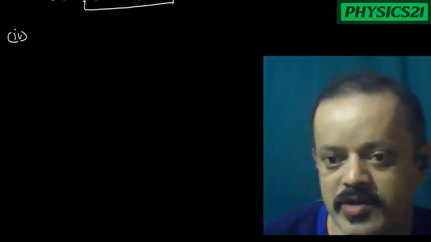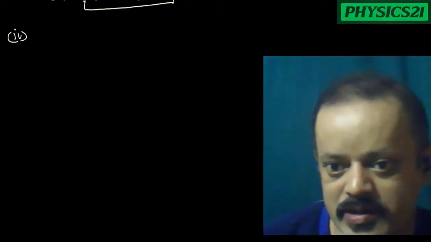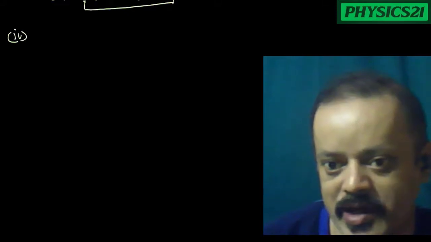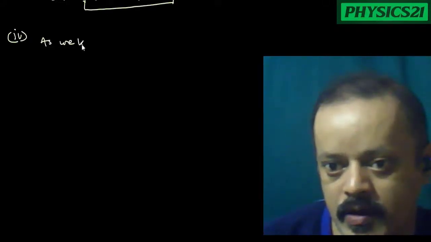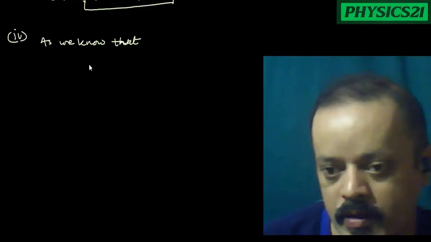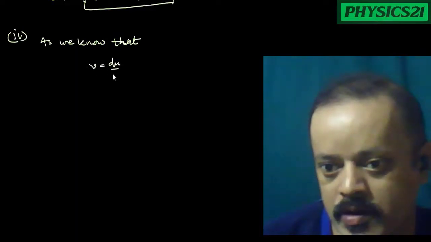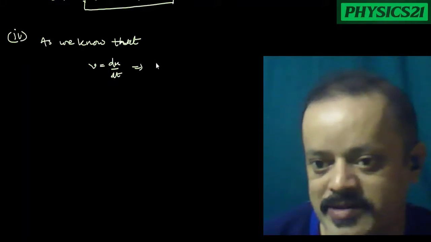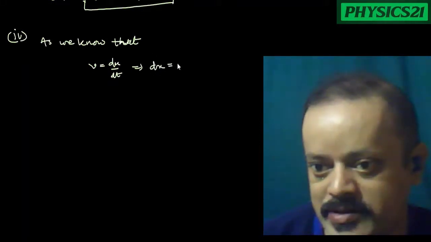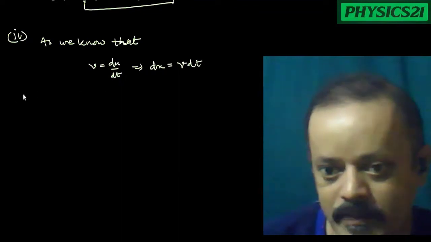Now the fourth equation of motion by calculus method is displacement in nth second by calculus method. As we know that v is equal to dx divided by dt. In next step, we can write dx is equal to v dt.